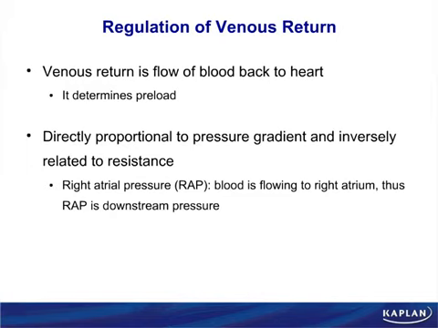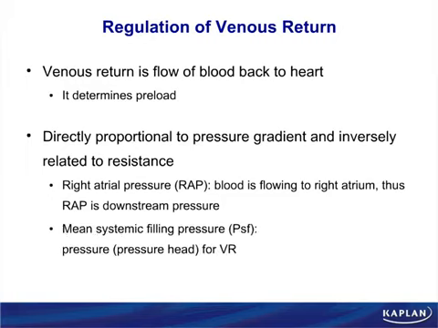So venous return ends up, its final destination is the right atrium. So hopefully it makes sense to you that right atrial pressure is the downstream pressure for venous return. All right, now here's the big key. What's the upstream pressure? Mean systemic filling pressure. Mean systemic filling pressure is the pressure head driving venous return.